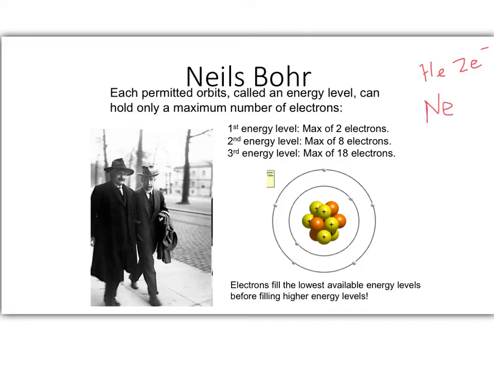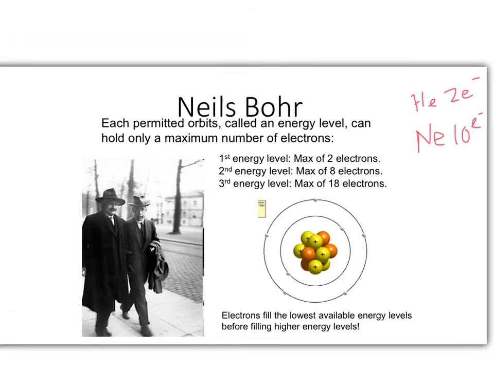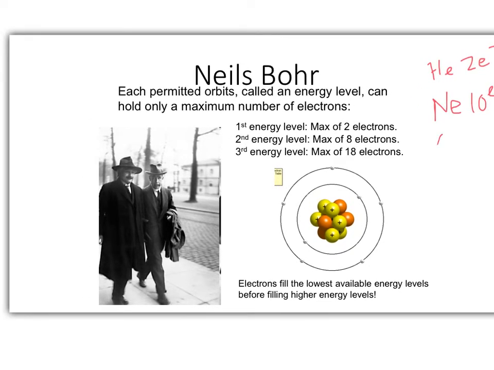Neon has 10. So the 2 from the first level plus the 8 from the second level. And then above that is argon, which has everything added together, so 28 electrons.